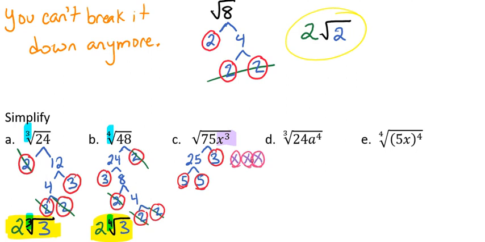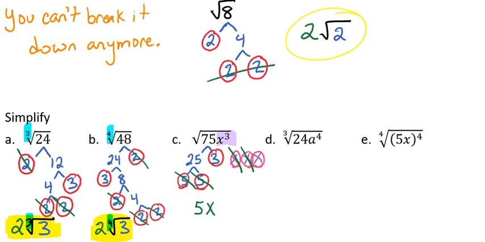Now, because I'm doing square roots, I am looking for groups of 2. So I'll start with my numbers, and I see that I have a pair of 5's. So I can write down a 5, one group of 5's. But I also see that I have 2 x's. So I can write down an x as well to represent my one group of 2 x's.